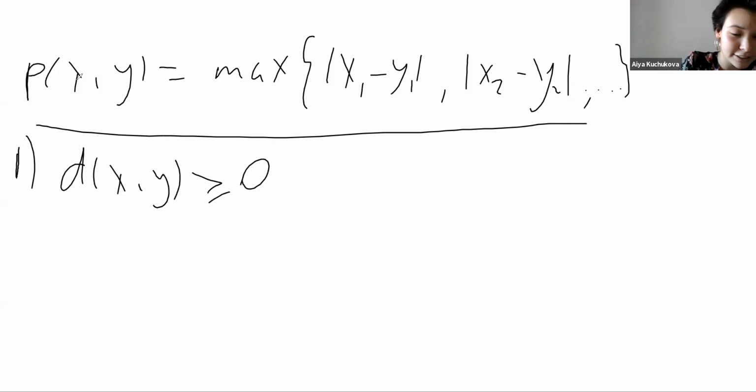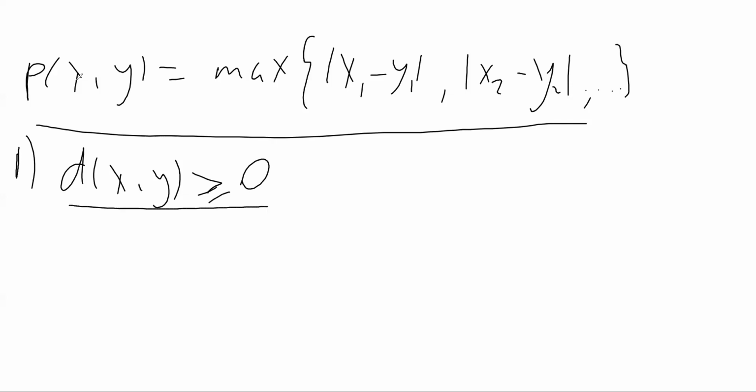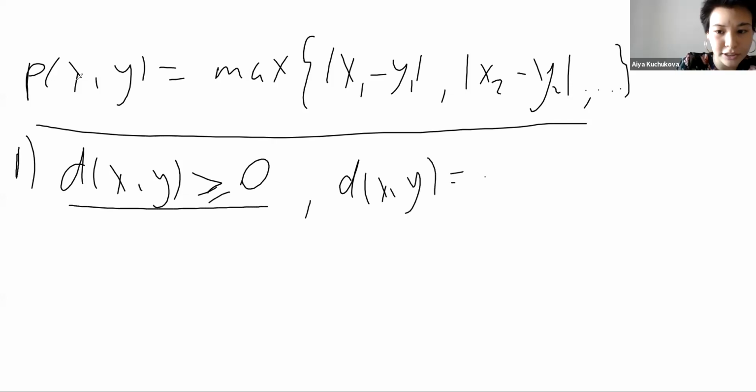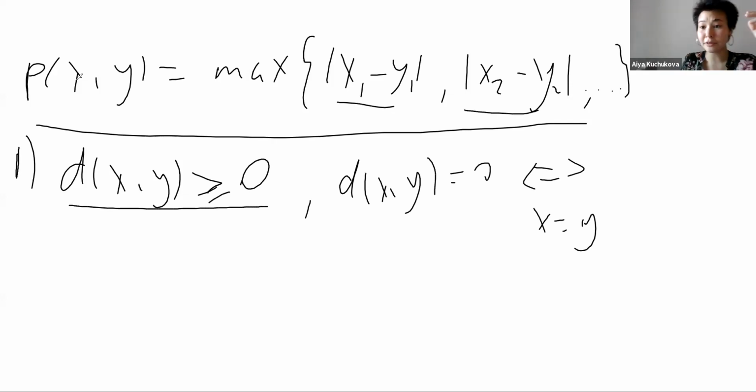So basically, what the student said is this is the first property of a metric, and also d(x,y) equals 0 if and only if x equals y, right? And because they're all absolute values, no matter what the maximum would be, it still would be an absolute value, so it still would not be less than 0. So this always holds.